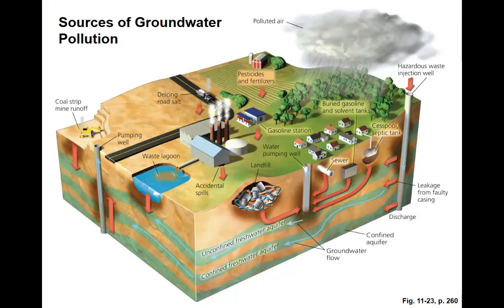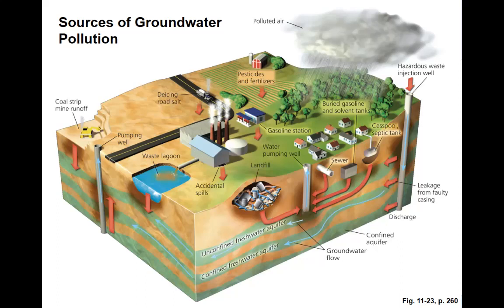Remember those CAFOs we talked about? CAFOs can have these big sewage ponds, right? The manure lagoons. If a big rainstorm or something like that happens, it's a huge problem. Runoff from coal mines or other strip mining operations that get into the waterway, de-icing roads with salt, things like this. So there's a lot of things we can start looking at.